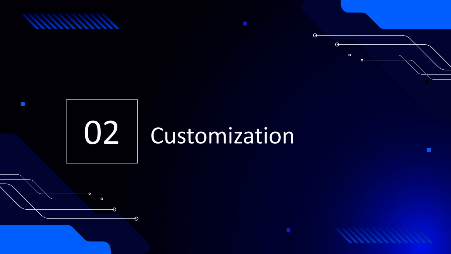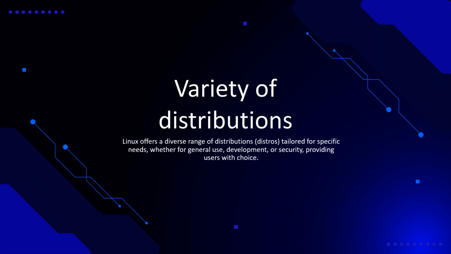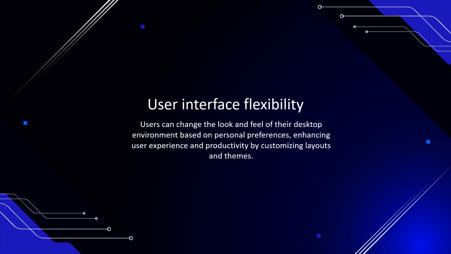Customization. Variety of distributions. There are multiple types of distributions, from general use to development to security, like Kali Linux, for example, or Parrot OS, providing users with great choice. User interface flexibility.